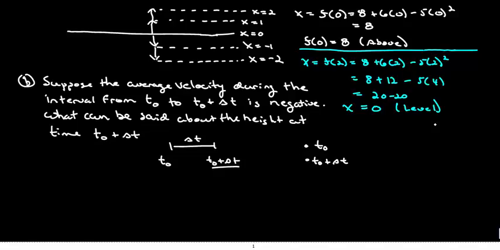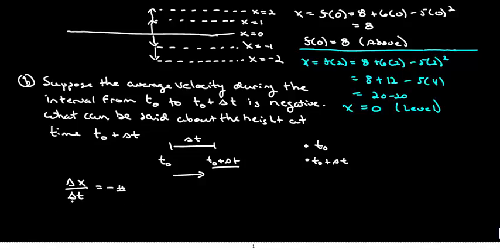Because you can think about average velocity as the change in the height, we'll call it x, over the change in the time. So if this is a negative number, and change in time is positive, which it is, because we're not going backward in time, from here to here delta t is a positive number.